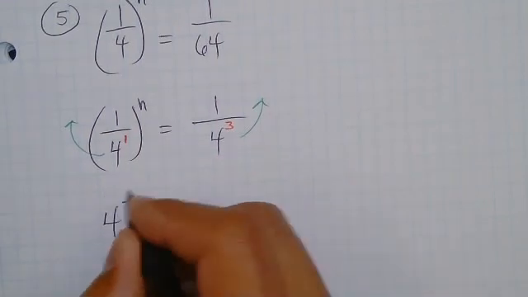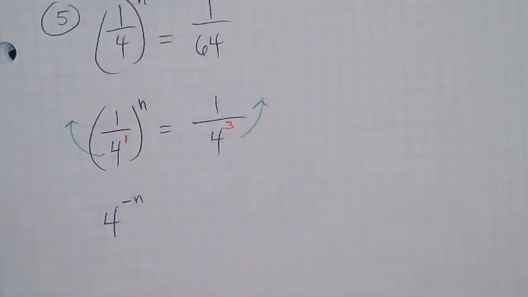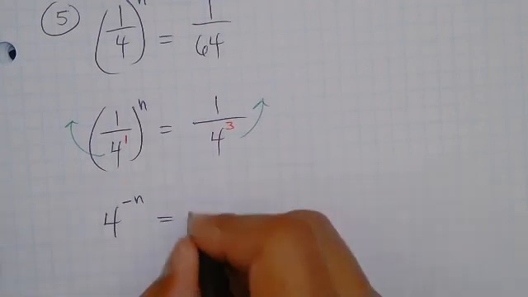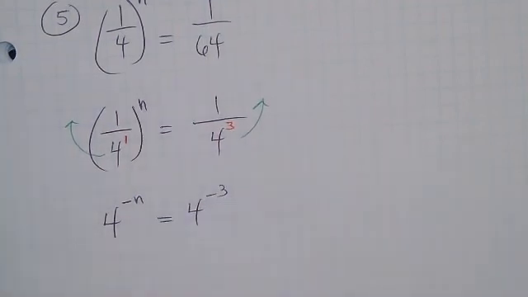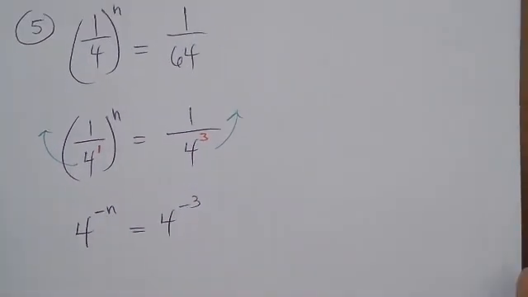So that's going to be, can we just put 4 to the negative n? Is that going to be too much for you guys? You guys can handle that? Why that's 4 to the negative n is equal to what?